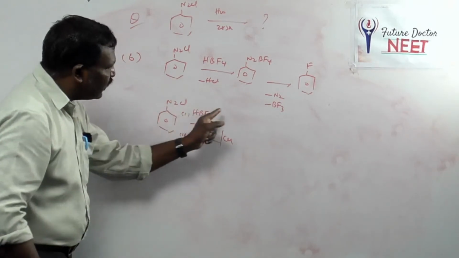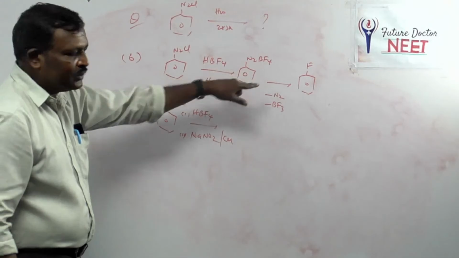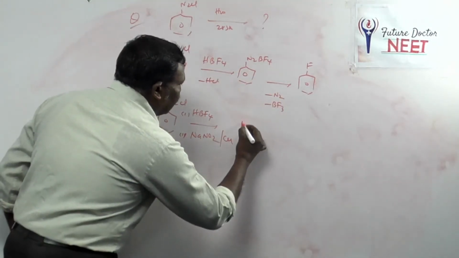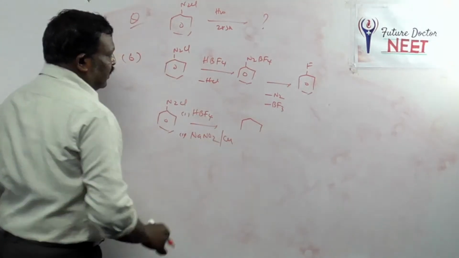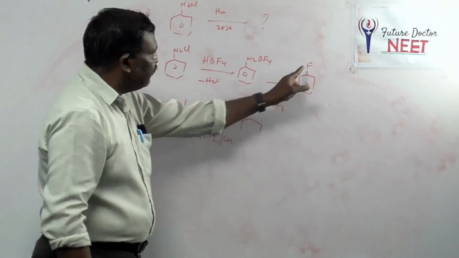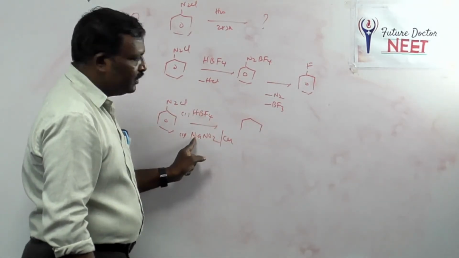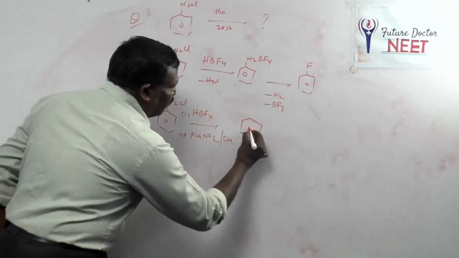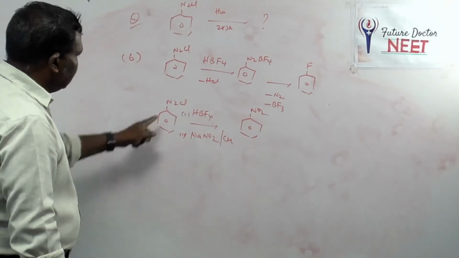What's the product? Fluorobenzene, understood? We are getting fluorobenzene. Then sodium fluoride is removed, isn't it? The product will be nitrobenzene.